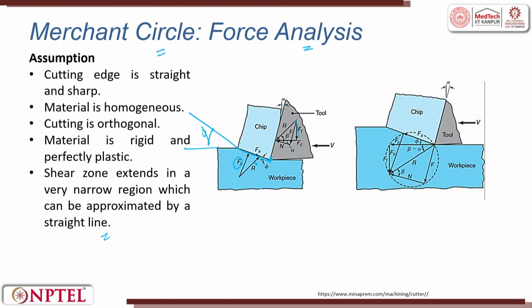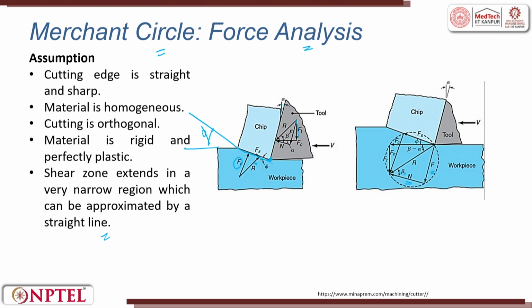If you go here, you can see all we have made. This is the friction force F, normal to the friction force is N, and the angle between these two is the friction angle beta. The R is going to be the same, because it is balancing the reaction force, and the reaction forces are balanced.